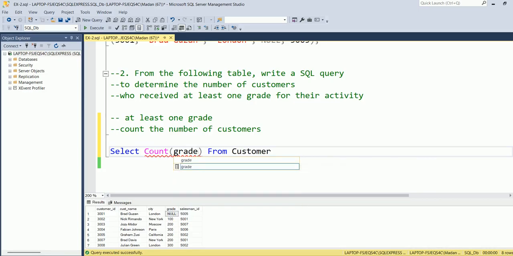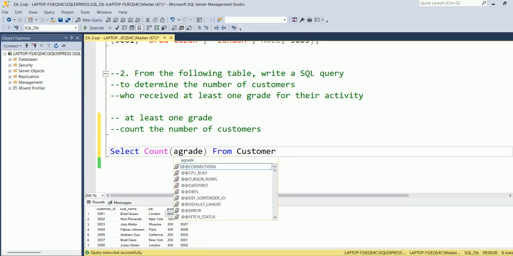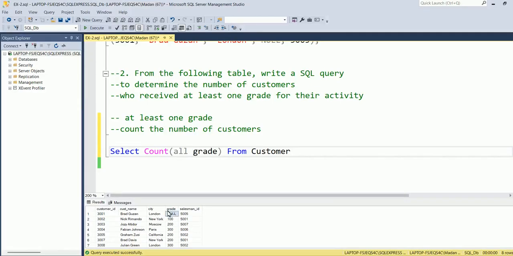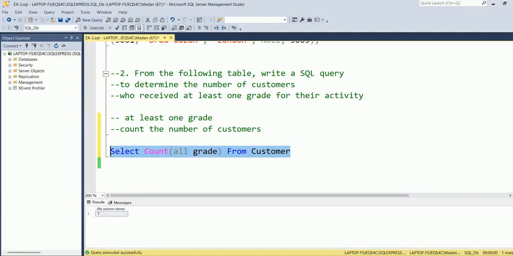Simple. But now I am using the ALL keyword inside the count function. Why? Because ALL will eliminate the null values. We want to count the number of customers on the basis of grade, so I'm mentioning the grade column. As you can see, out of 8 there are only 7 rows which satisfy the given condition.